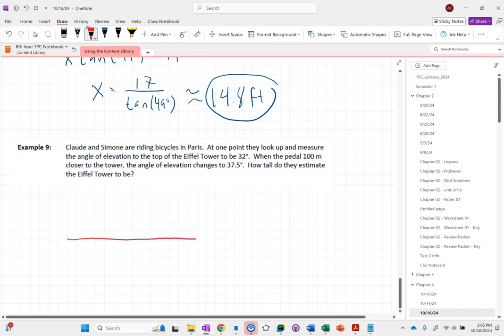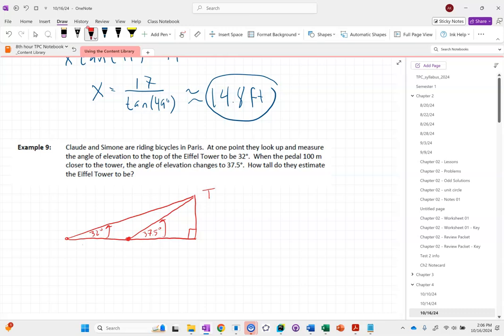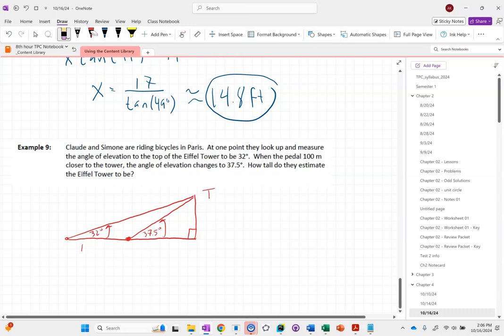Okay, well, let's draw our picture. There's my Eiffel Tower. So my original angle of elevation here is 32 degrees. Then I go a little bit closer. And now my angle of elevation is 37.5 degrees. I guess I went 100 meters closer.